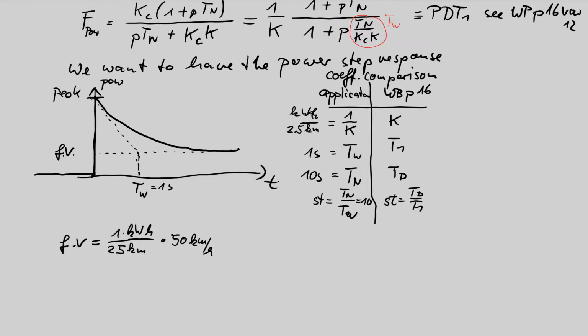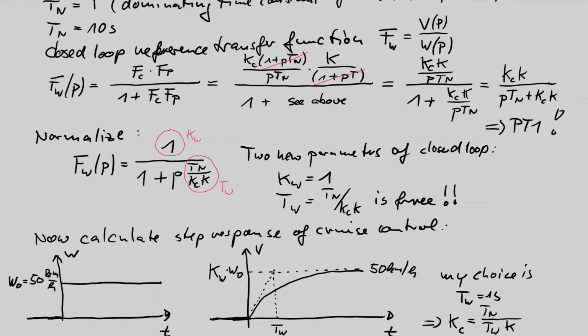If you see this, 50 divided by 2.5 is 20, and the unit is kilowatt times hour divided by hour, divided by kilometer times kilometer, so kilometer per hour goes away. So we have just the power unit kilowatt. So the final value is the car drives with 20 kilowatt after some seconds, if we reach the constant 50 kilometer per hour speed.